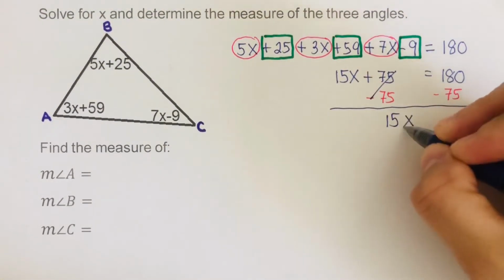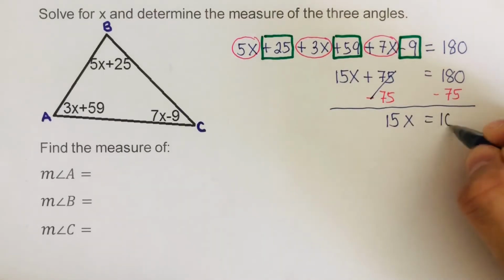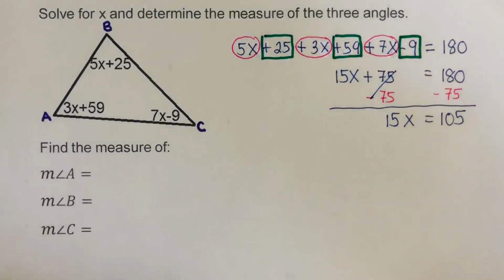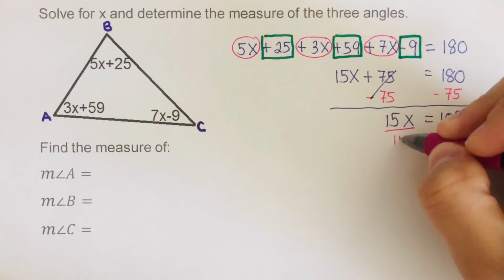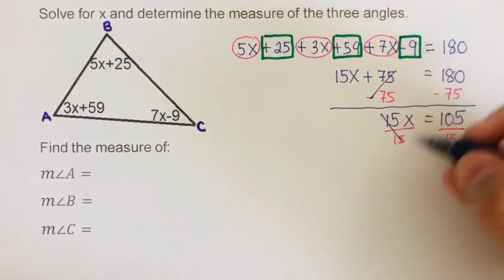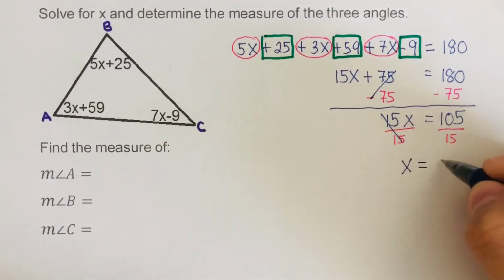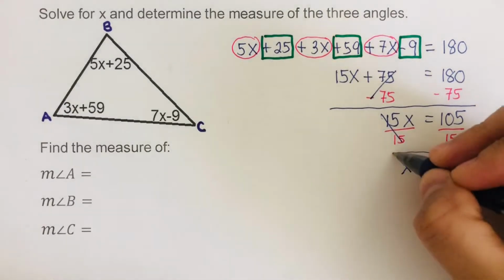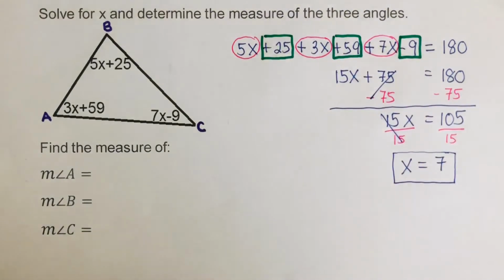So we are left with 15x is equal to 105. And we divide 15 from both sides. Divide this by 15, divide this by 15. So we can cross this out. So then our x is 7. So that's the x value. X is 7.